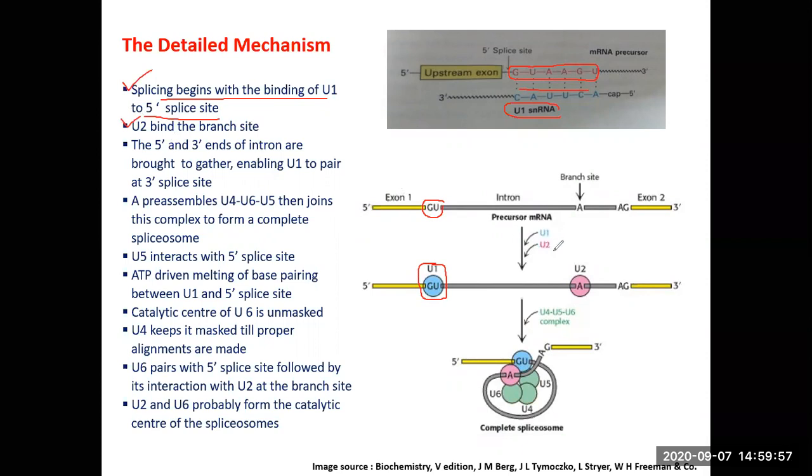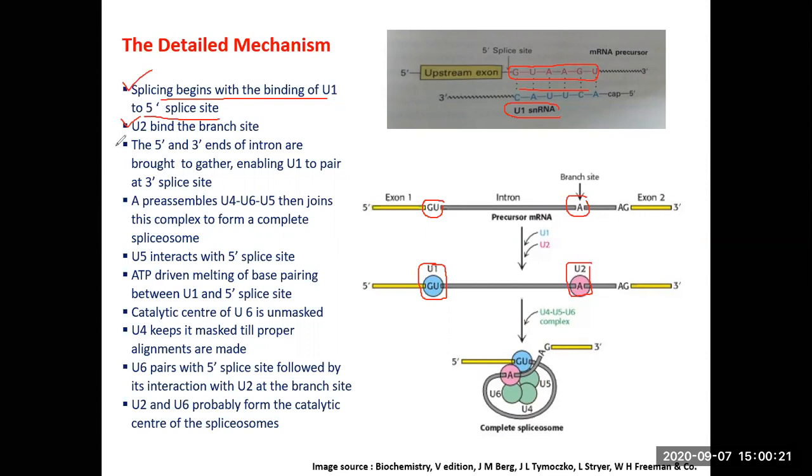This is the branch site. So U2 comes and binds over here. How does it bind? Again, by complementarity, the snRNA of U2 has got a region which is complementary, not similar, complementary to the sequence present at the branch site.